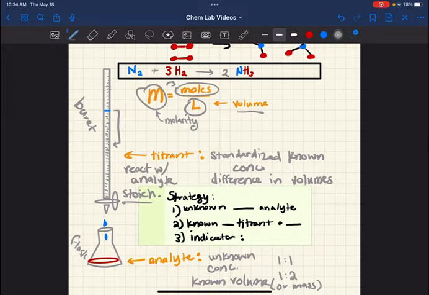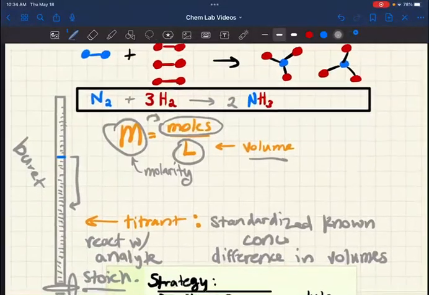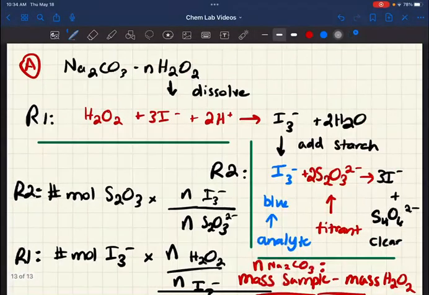It depends on the context of the titration. A lot of times these reactions will be acid-base reactions, but there are other types of titrations as well. And in this experiment, we will be doing a redox titration, which means an oxidation reduction reaction is used in the titration for the lab for this experiment.